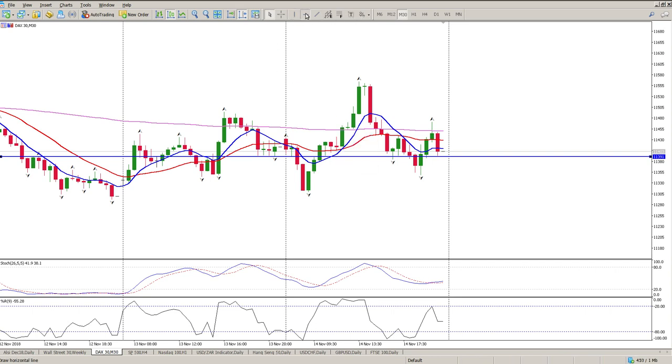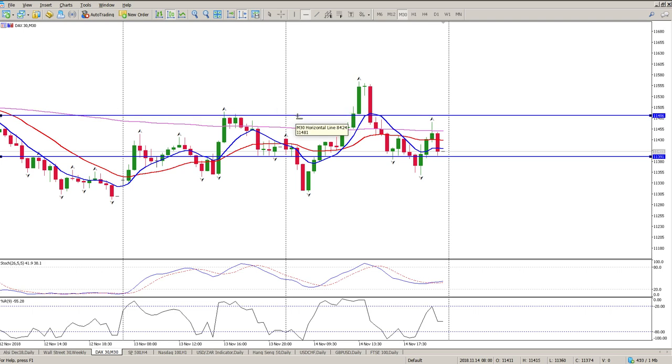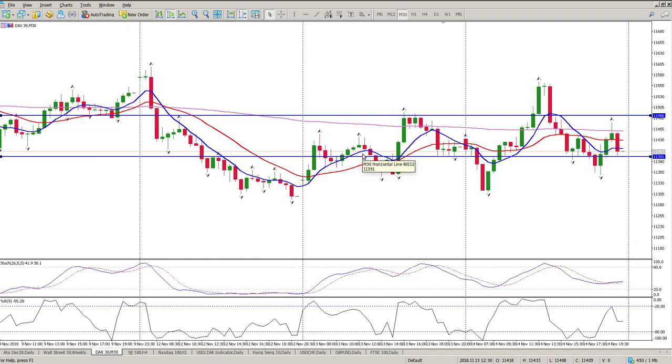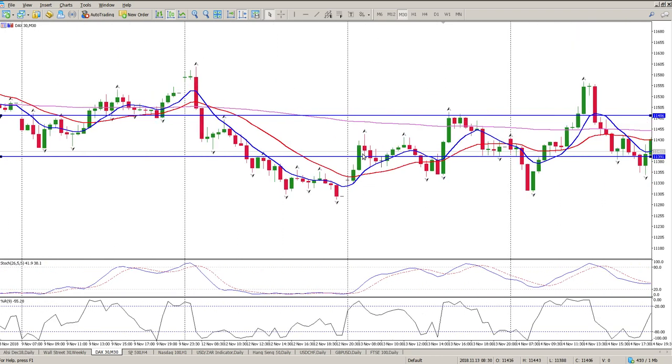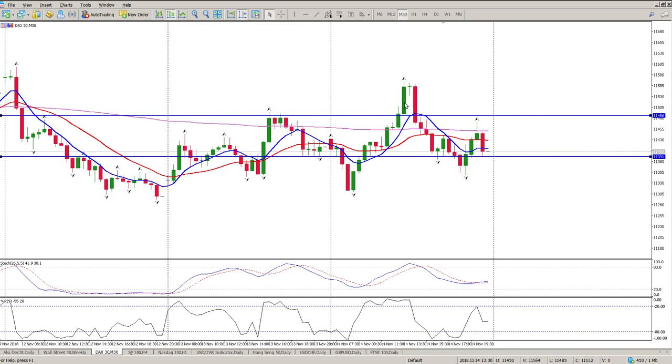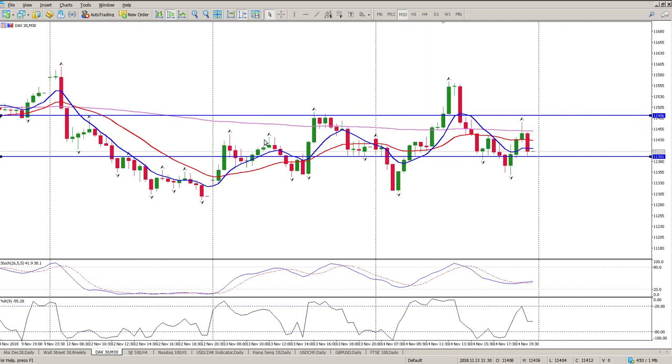Then you saw the people that were coming in this area here, getting short here, and then you can see the stops getting triggered, and then all of a sudden it reverses. So now there are institutions or algorithms or computers, whatever you want to call it, that are definitely playing against what your retail traders are trying to trade at the moment.